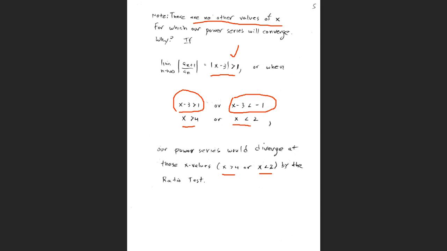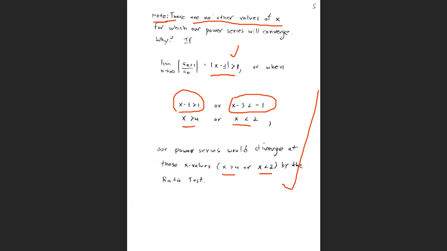This last part here on this page, where I have the note, is not necessary to do in order to get the answer, but I'm just trying to tell you why, when we use the ratio test, we only need to worry about two things.